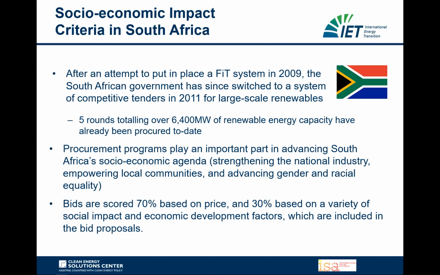South Africa wanted to establish a feed-in tariff in 2009, but then decided not to do it because there were some issues that it might actually be unconstitutional, because you need to have competitive procurement when a government agency wants to procure anything in South Africa. Therefore, they decided to implement auctions in 2011 with 5 big auction rounds, total procurement of more than 6 gigawatt.